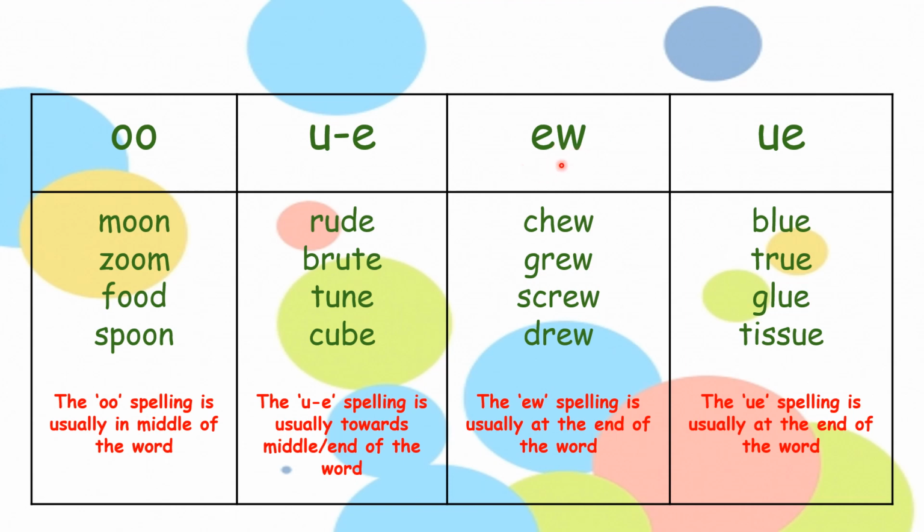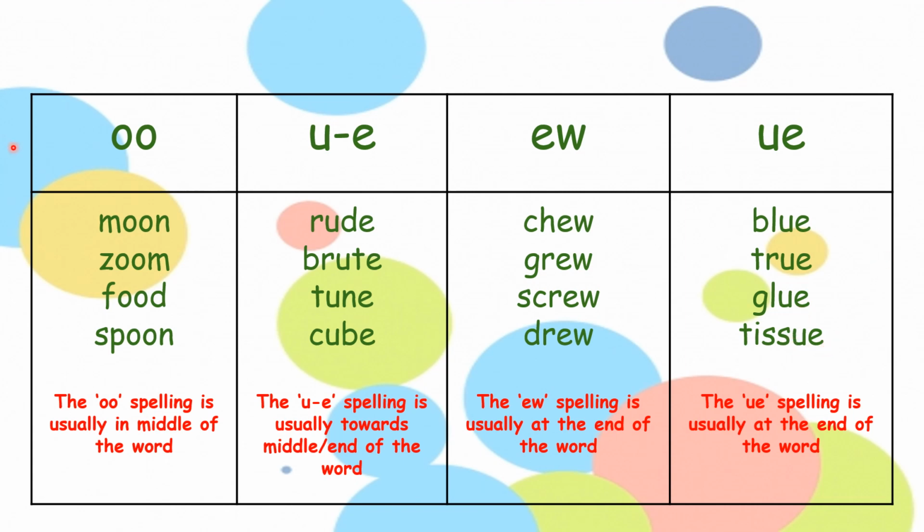We know that the EW spelling for oo is usually found towards the end of the word. And we know that the UE spelling for oo is usually found towards the end of the word.